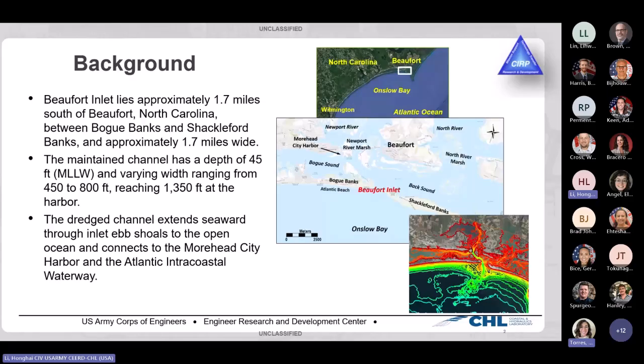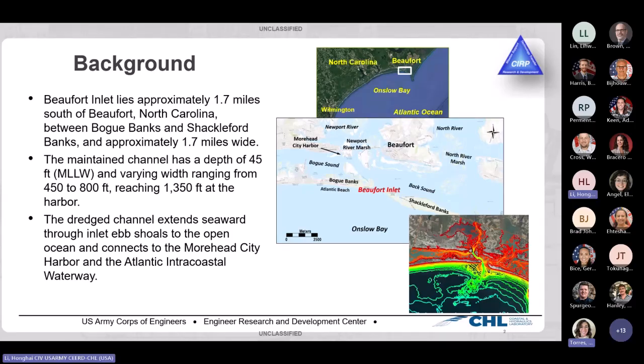Some background information: you see here the figure showing the study site. Beaufort Inlet is south of the township of Beaufort, and there's a maintained navigation channel with a dredge depth of 45 feet and a width from 450 to 800 feet. At the harbor, it's a little bit wider, 1350 feet.